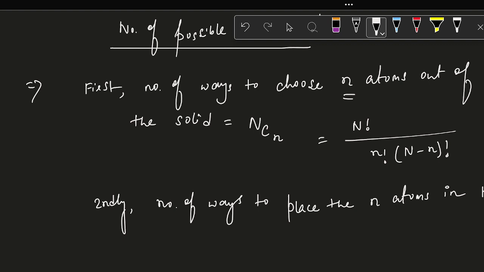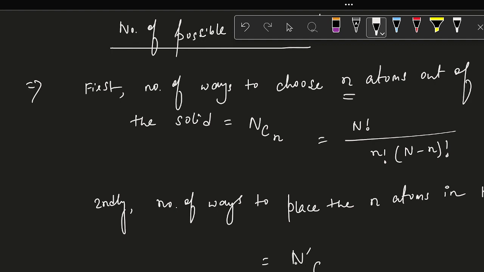It is similar to, let's say you have N prime number of staircases and you have to put small n number of atoms in that. How many ways can you arrange? Again the same thing: capital N prime C small n.